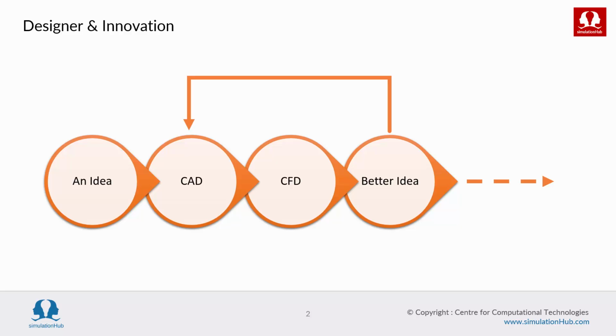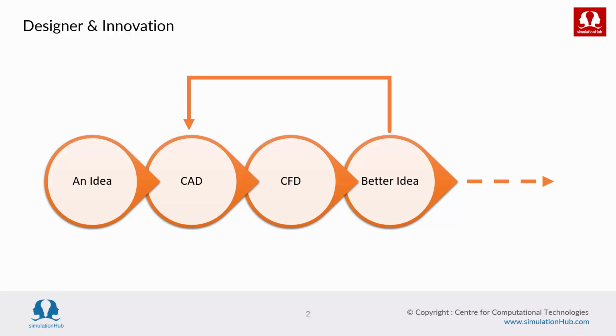So to connect all the dots and to give the true power of virtual realization of the product to the designer, Simulation Hub and Onshape have come together. Onshape is a fully cloud 3D system. It gives designers access to all that is required to convert a conceptual idea into a 3D CAD model.